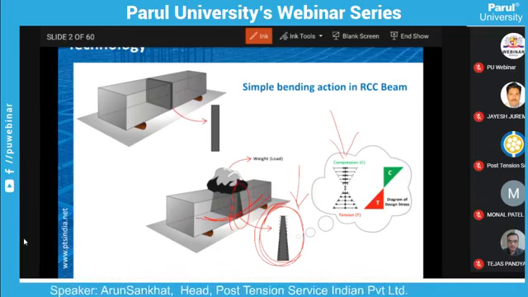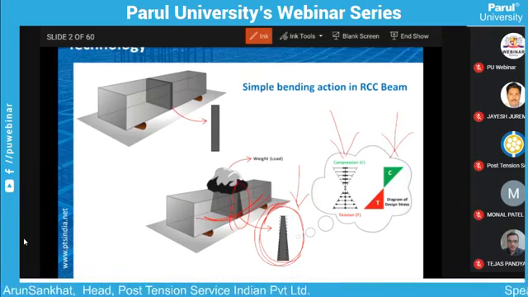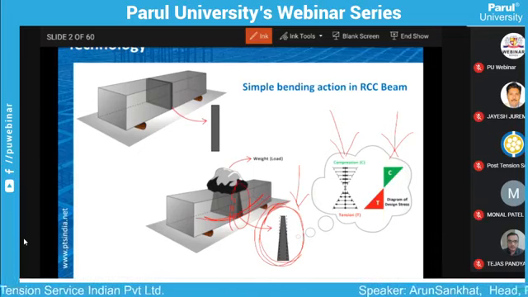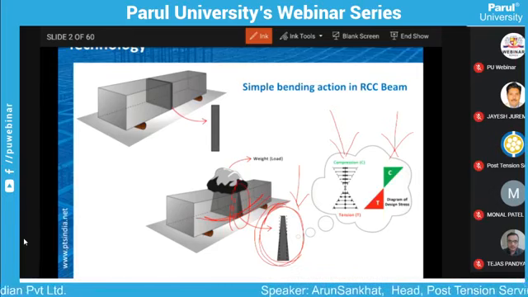We represent that with this kind of diagram, right? Where you have C in green at the top portion, and T in red at the bottom.